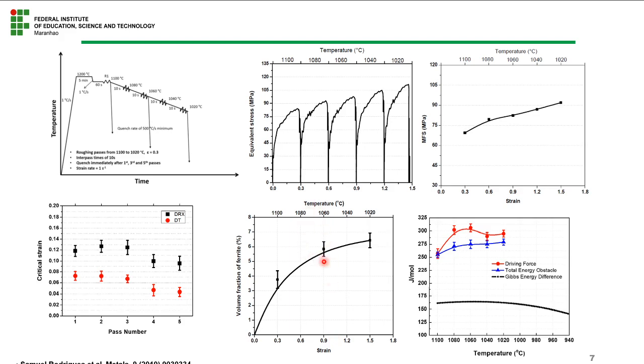In the next pass, the remaining quantity from the previous pass contributes to increasing the volume fraction of ferrite in the next pass. After the third pass, this increased to about 6%.